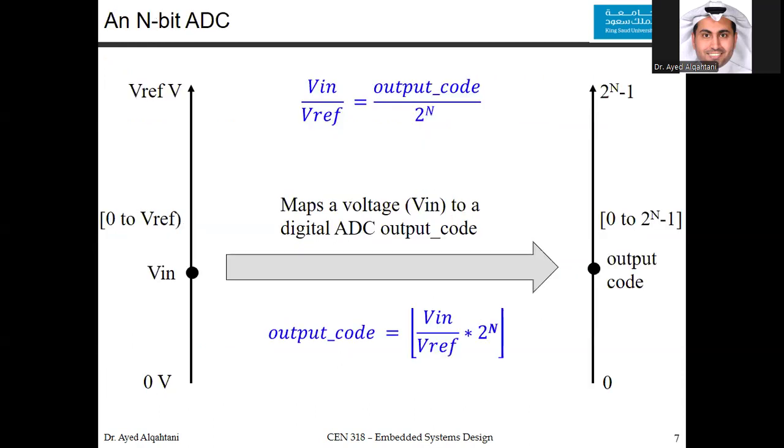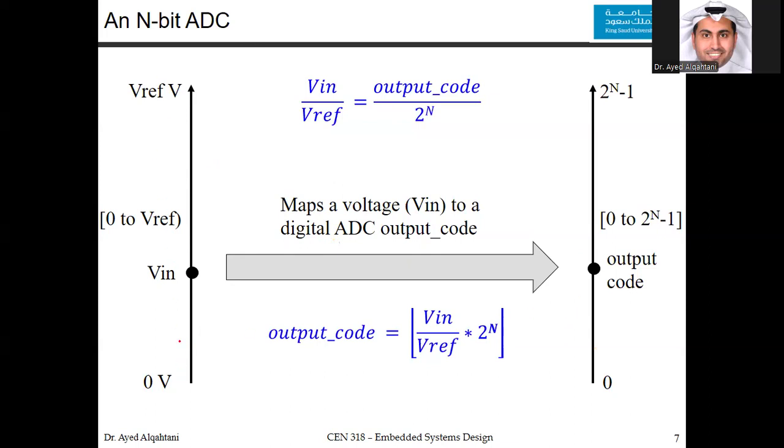Now, let's try to figure out the equation that is the important mathematical representation for an analog to digital converter. To understand this, know that we have two axes, one for the analog and one for the digital.